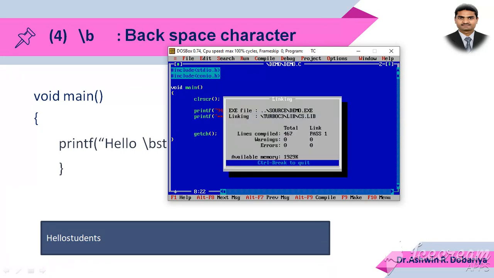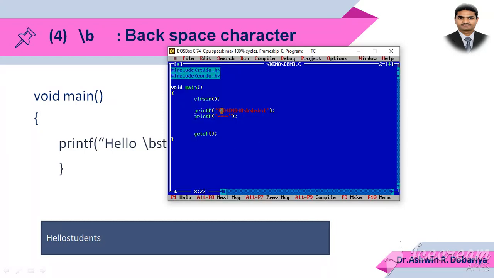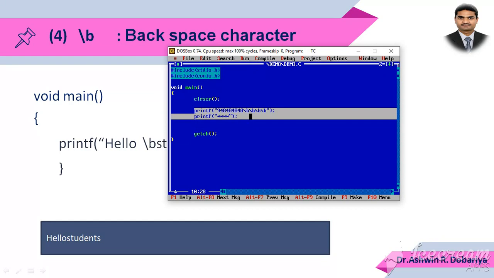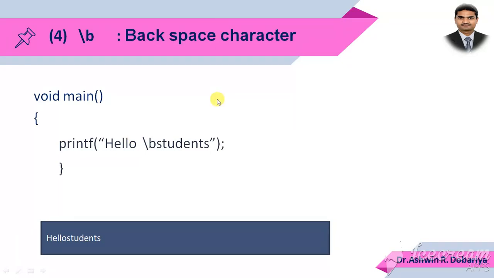Now see, if you run this program, then the mobile number is there, but the last characters are overwritten with the help of stars. In that way, sometimes on a cheque also we have seen that the account number is displayed in stars. So only a few characters you want to display, and the other characters you want to overwrite. In that case you can move the cursor back with the help of \b. So this is the use of the backspace character.